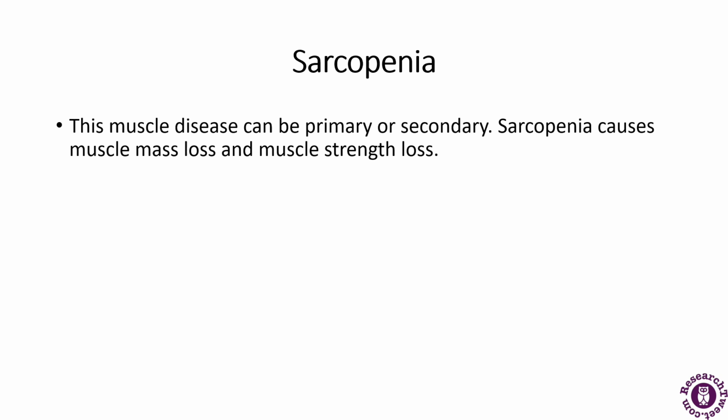Next is about sarcopenia, which is a muscle disease that can be of two types, primary or secondary. It causes muscle mass loss and muscle strength loss. The age-related loss of muscle function is known as sarcopenia.